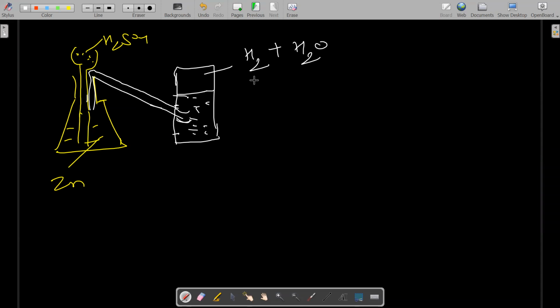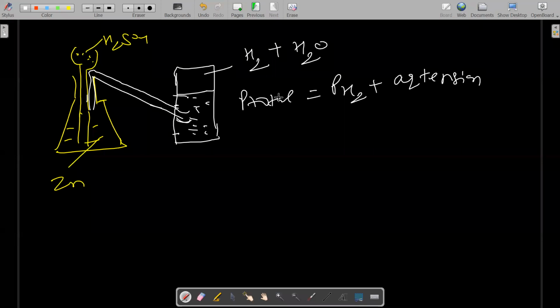So this is the pressure of dry gas, but we have to calculate only the pressure of hydrogen gas. When we measure the pressure here, we get the total pressure. This total pressure is equal to the pressure of hydrogen gas, that is the pressure of dry gas, plus the pressure of water, which is called aqueous tension.